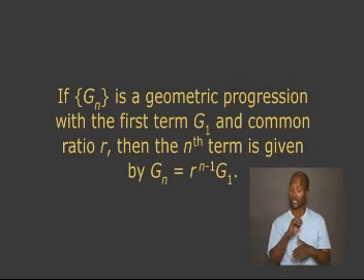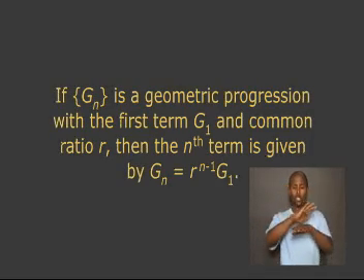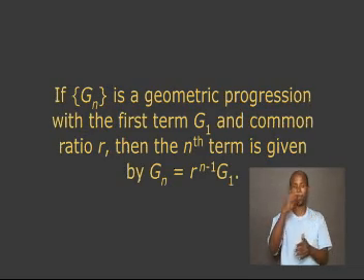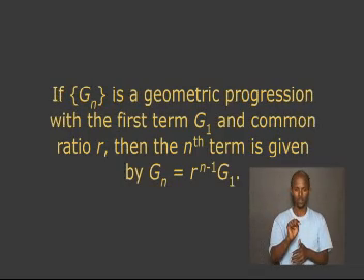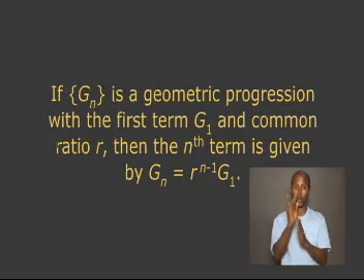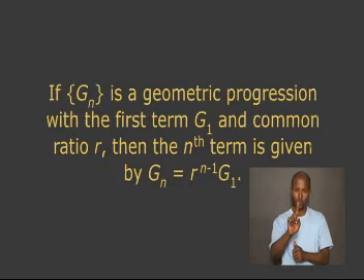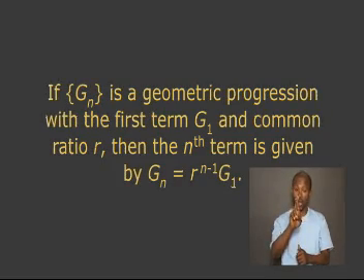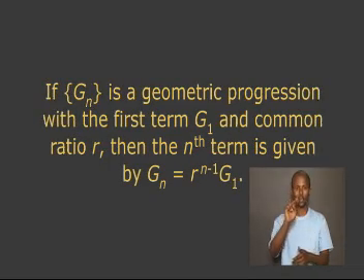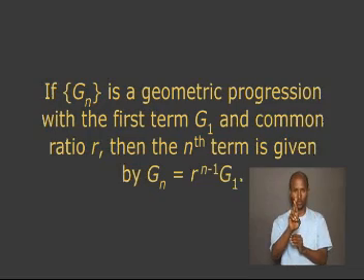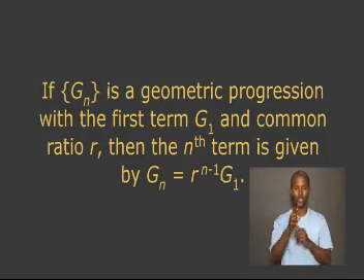This set of relationships proves a theorem for the general term Gn. If sequence Gn is a geometric progression with the first term G1 and common ratio R, then the nth term is given by Gn equals R to the power of n minus 1 times G1.